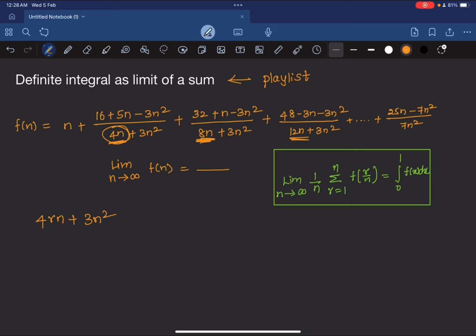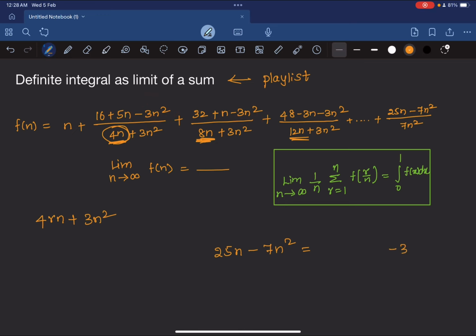Now let us check the numerator. In the numerator, if you observe carefully, minus 3n square is common in all the terms. This is the last term, 25n minus 7n square. Since minus 3n square is common in all the terms, let us write minus 3n square first.